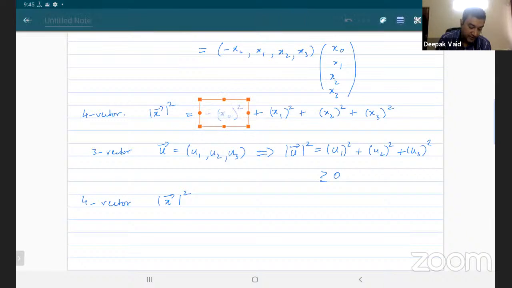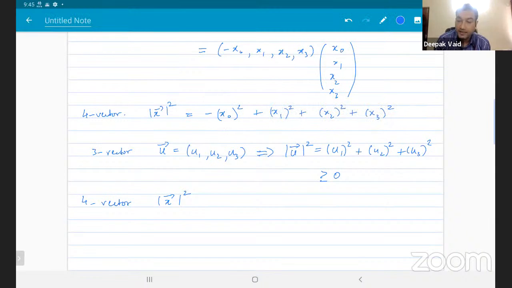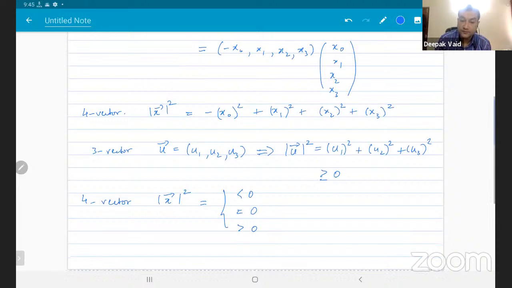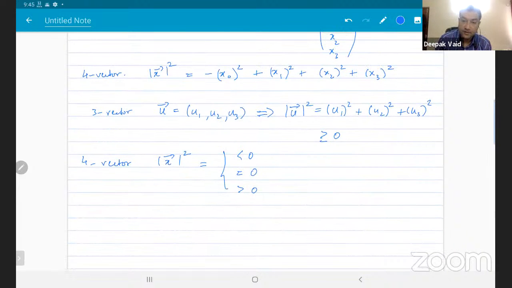So if I take the sum of a negative number and 3 positive numbers, I can get 0. I can also get less than 0, or I can get 0, or I can get greater than 0. Right? So these are 3 possibilities.